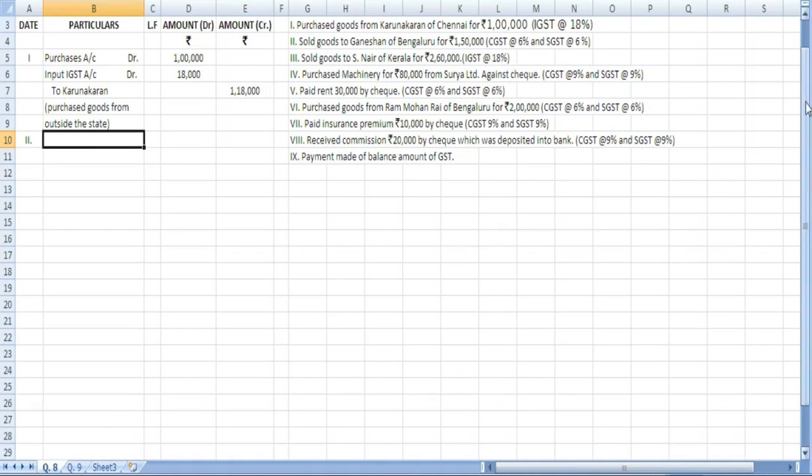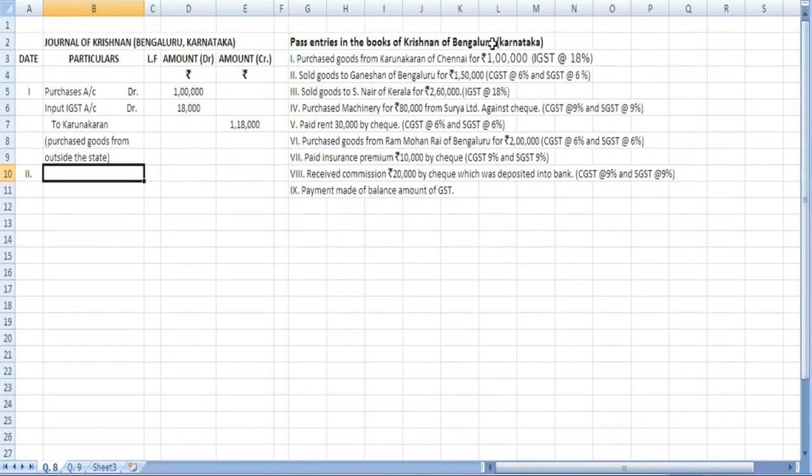So Ganeshan is from Bangalore and Krishnan is also from Bangalore. So here it will be within the state, so CGST and SGST. It's already given in the question, but if it is not given, then we will have to adjust.